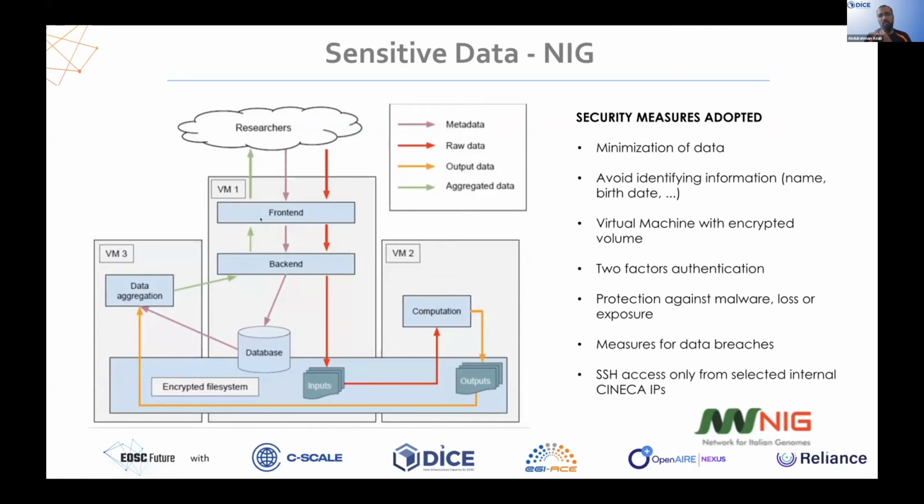One example of that: if someone is doing variant calling for cancer patients, you do the sequence alignment for the normal and for the tumor cells, and then you go through the different steps, and at the end you get a VCF file. This VCF file might not be sensitive, but the actual FASTA and FASTQ files are the raw data that is sensitive.